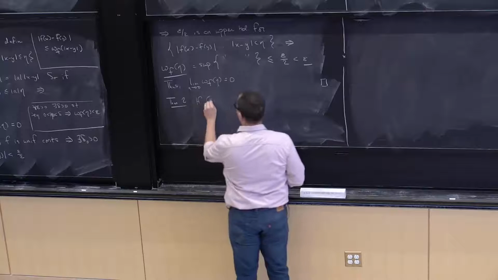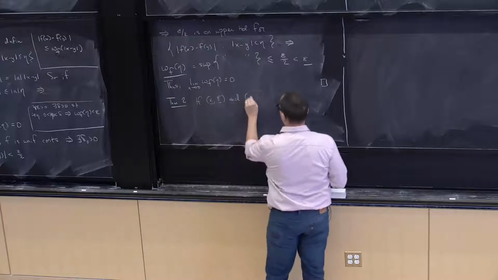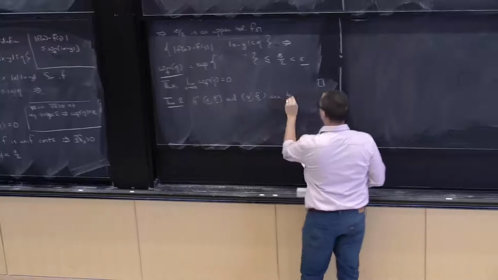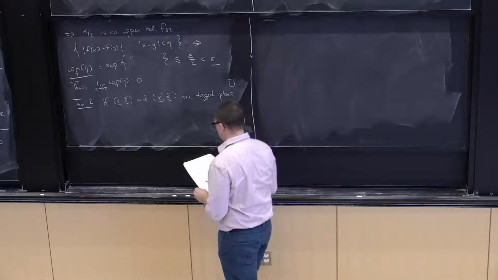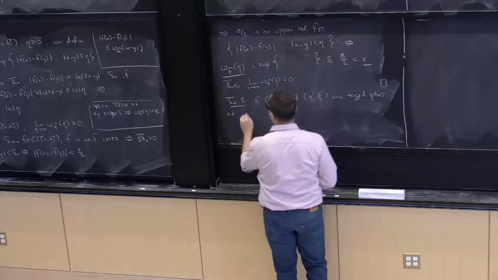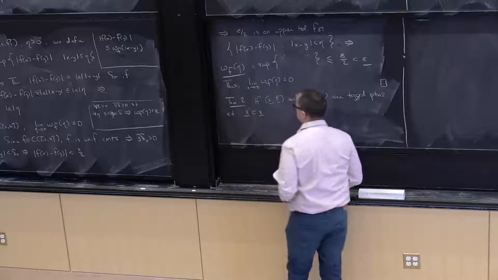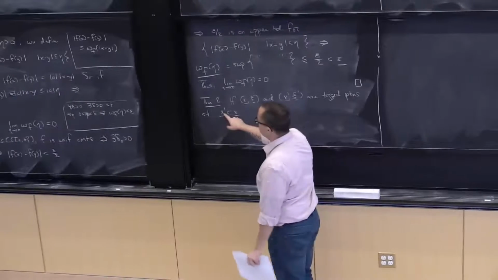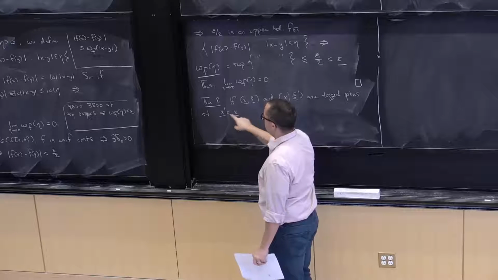So if I have two tagged partitions of [a, b] such that x prime is a subset of x, this means that x prime, a breakup of [a, b], contains all the points of x and more.